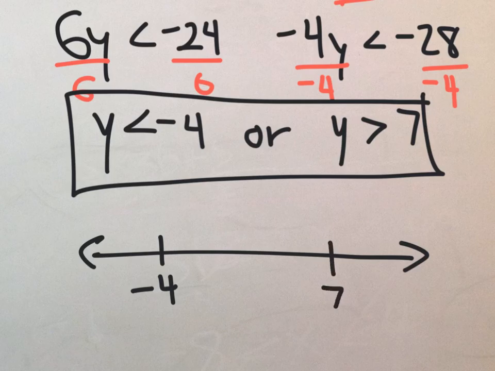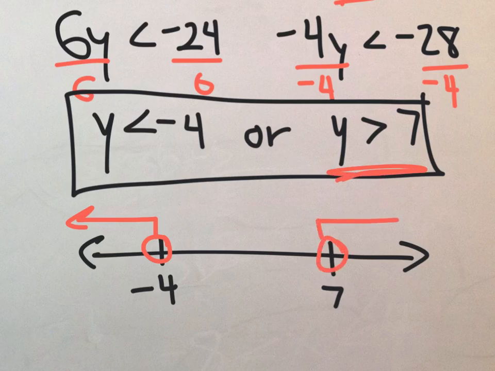So the -4, when we think of y is less than -4, less than is to the left. This is an open dot, and it's to the left because it's less than. And this other one over here, y is greater than 7, that's going to be an open dot, greater is to the right. So that's a representation of the graph right there. What do you guys think?